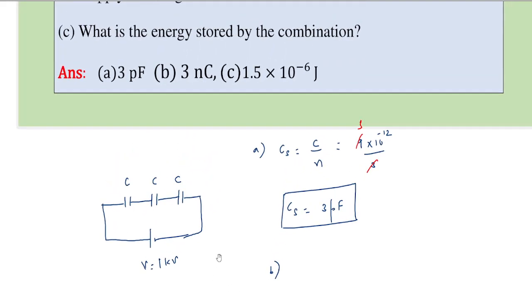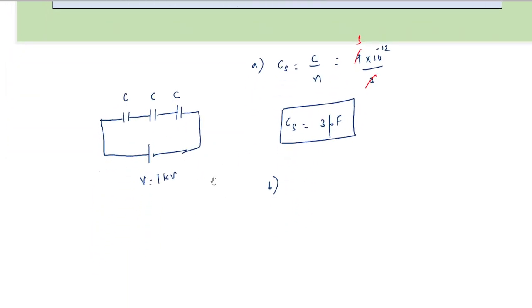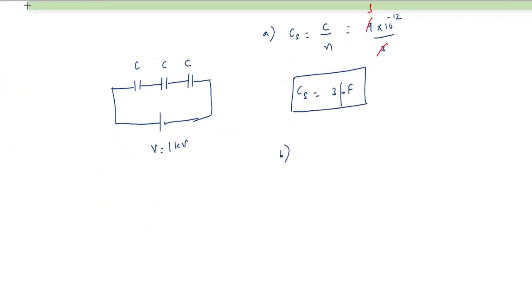So this is part A. Part B says what is the charge on each capacitor. If we want to find the charge on each capacitor, we can replace this circuit by its equivalent circuit, which means we put a single capacitor across the same battery such that this capacitor draws the same amount of charge, which is Q in this case.